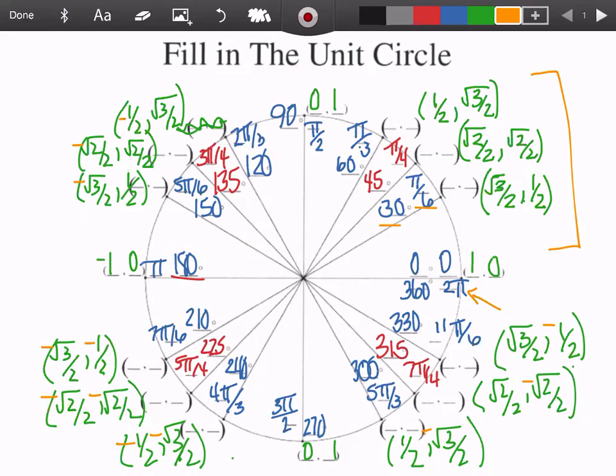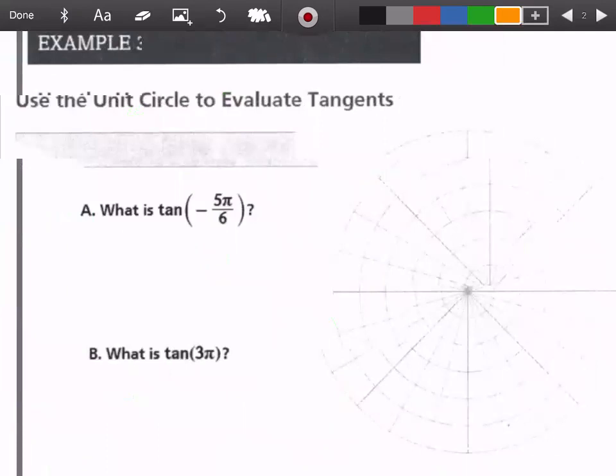So now we're going to go through an example of finding tangent. If we want to find the tangent of -5 pi over 6, we first have to figure out where that is on the unit circle, and we also have to figure out what reference angle we have.